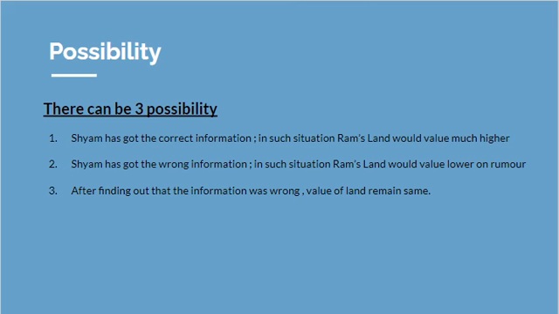So there can be three possibilities. First, Shyam has got the correct information. In such a scenario, Ram's land would value much higher. Second, Shyam has got the wrong information. In such a situation, Ram's land would value lower on rumor. Third, after finding out that the information was wrong, the value of land remains the same, as there is nothing to worry about.